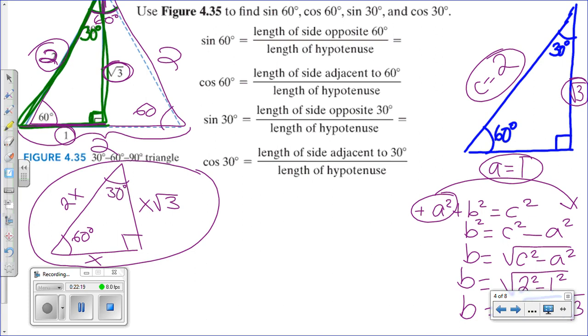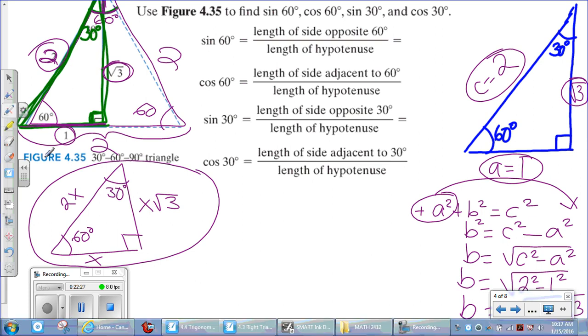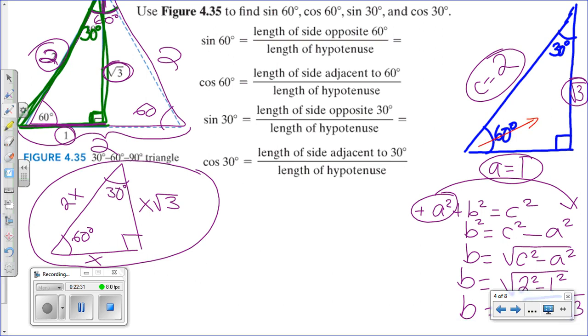All right. Now let's use this blue triangle to find the sine of 60. For the sine of 60, we want the side that is opposite this angle. That would be the square root of 3, correct? And the hypotenuse is 2.